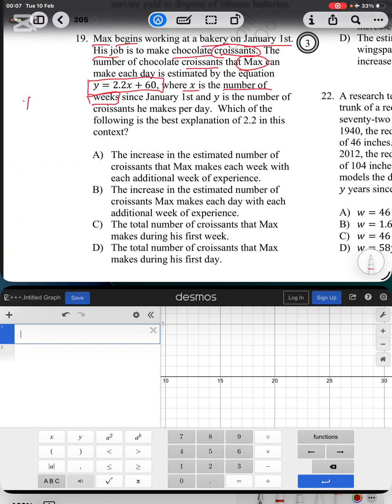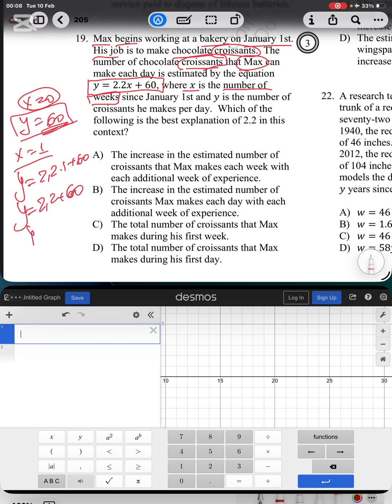When you insert 0 for the value of x, y is going to be 60, right? Before Max came to work, there were how many? 60 chocolates. After the first week, as you can see, when you insert 1 for the value of x, it is going to be 2.2 multiplied by 1 plus 60. It's going to be 2.2 plus 60, or 62.2.